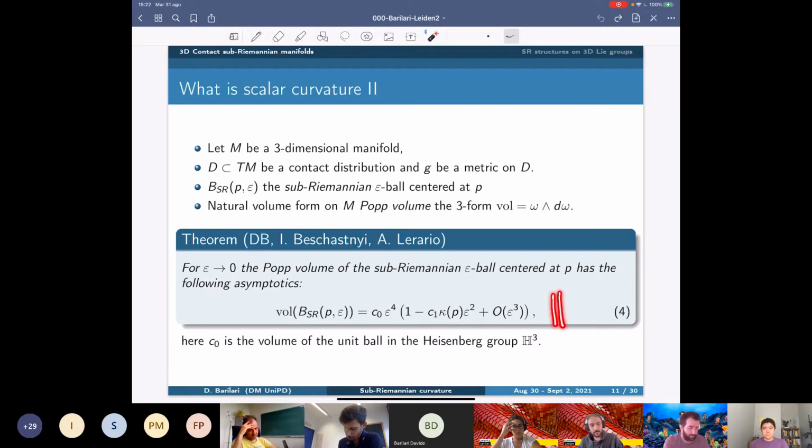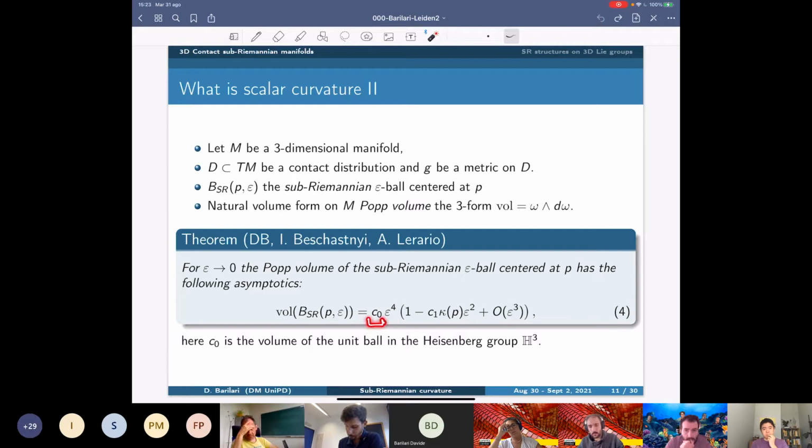What we can see is that, again, the leading term here is the volume of the ball of radius epsilon in the Heisenberg group. Why?